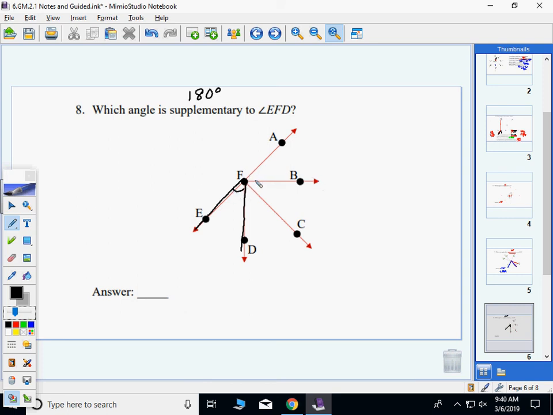We want to find the angle here. AFC, you're close. Not quite. AFD, good. This is the angle that we're looking for, AFD or DFA, either one. Make sure the F is in the middle. Okay. Together they make that straight line.